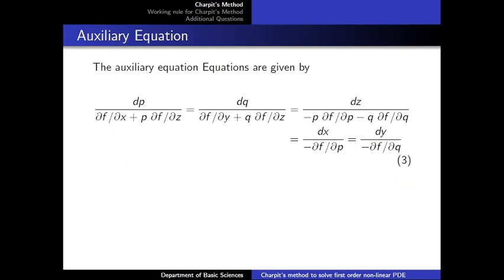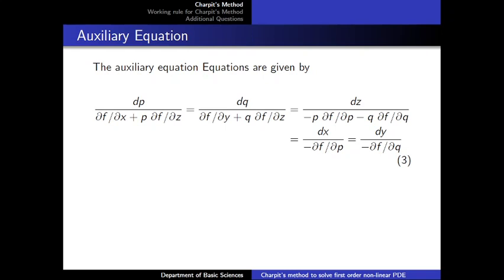The auxiliary equations are given by dp divided by dou f by dou x plus p into dou f by dou z equal to dq divided by dou f by dou y plus q into dou f by dou z equal to dz divided by minus p dou f by dou p minus q into dou f by dou q equal to dx divided by minus dou f by dou p equal to dy divided by minus dou f by dou q.